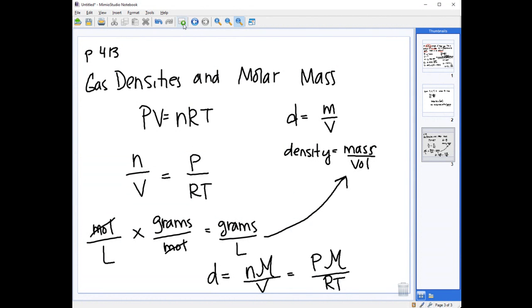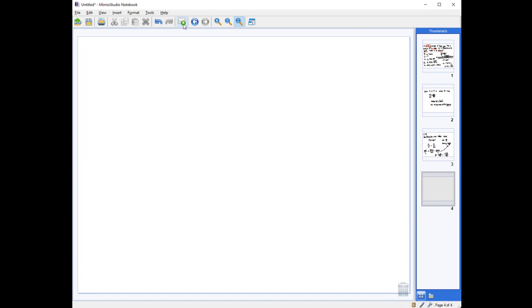So let's look at this. This is sample exercise 10.7 on page 413. They ask for the density of carbon tetrachloride when we have a pressure of 714 torr and a temperature of 125 degrees Celsius.